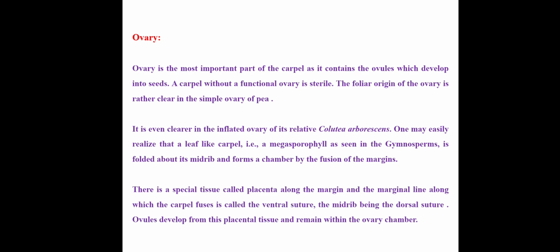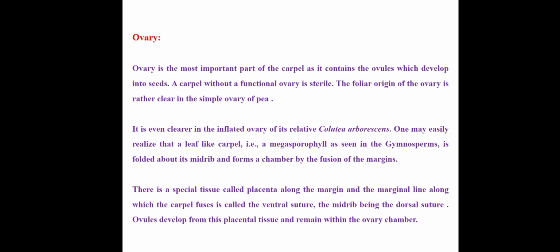There is a special tissue called placenta along the margin, and the marginal line along which the carpel fuses is called the ventral suture, whereas the midrib is the dorsal suture.